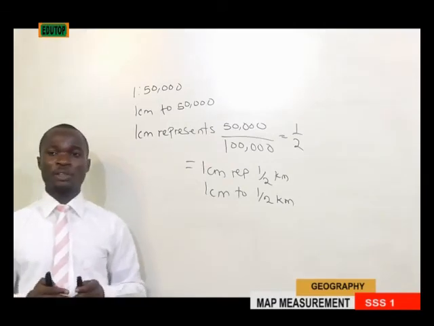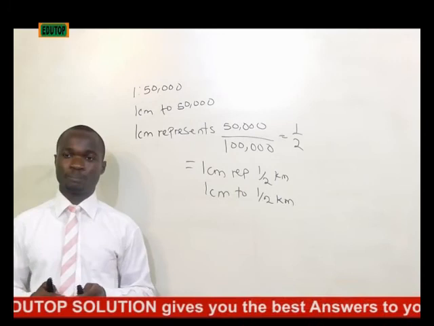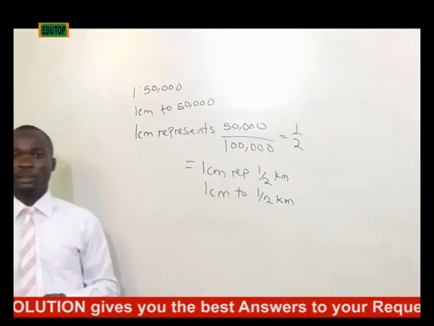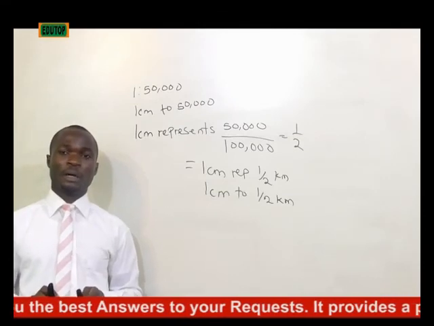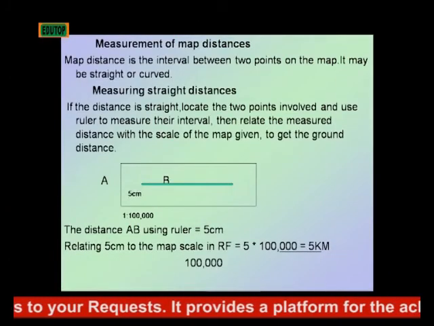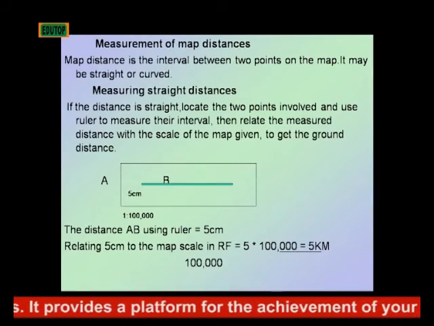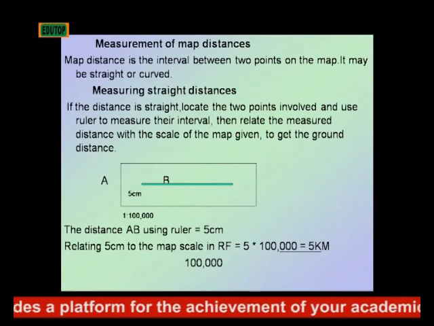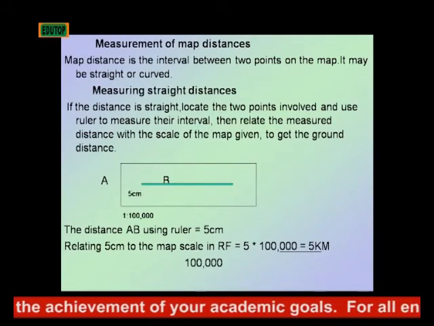Alright, so now let's consider measurements of map distances. How do we make measurements on the map? Now, map distance is the interval between 2 points on the map. The 2 points may be straight or curved.